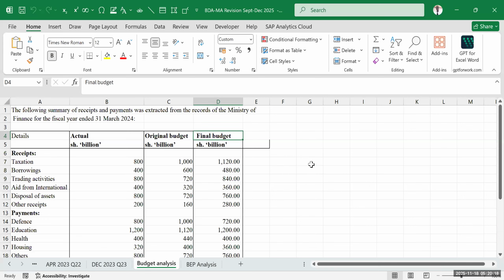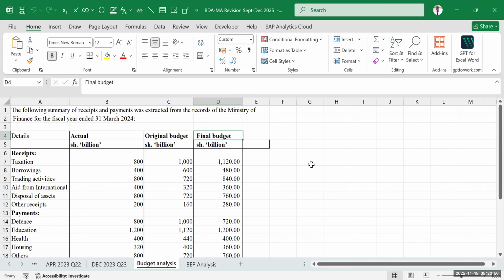And that budget you're coming up with the first time, it's the original. When you start the real period that the budget should be in use, you may have to adjust the budget, and that's where supplementary budgets come in, in case you realize it does not align with the real situation. So when such adjustments are done, then you say, I have a final budget copy.